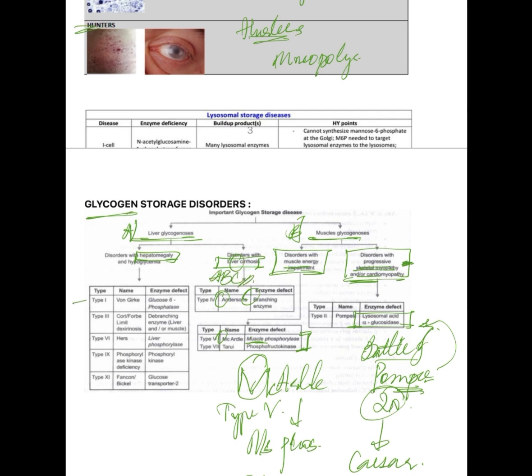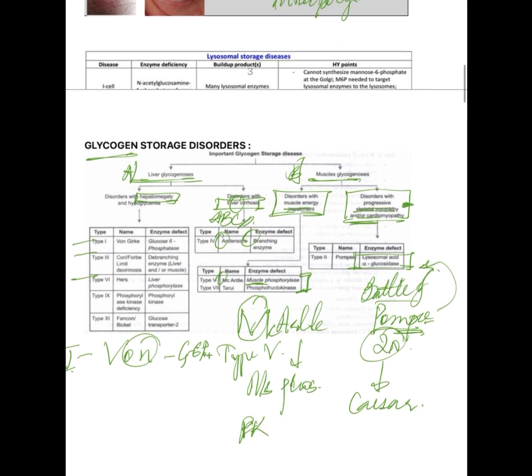However, there are 3 important diseases in liver glycogenoses which present as hepatomegaly. The first one is von Gierke's. Von, you can correlate it with 1. So here there is deficiency of glucose 6 phosphatase. However, there is one more important disease, that is Cori's disease, starts with C, where there is deficiency of debranching enzyme, which starts with D. So debranching enzyme of liver and/or muscle.